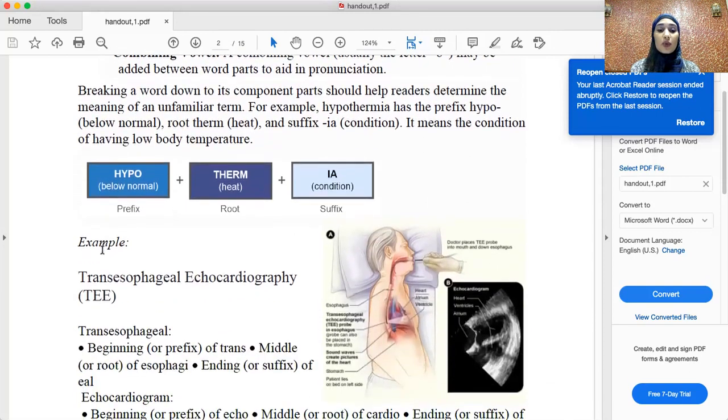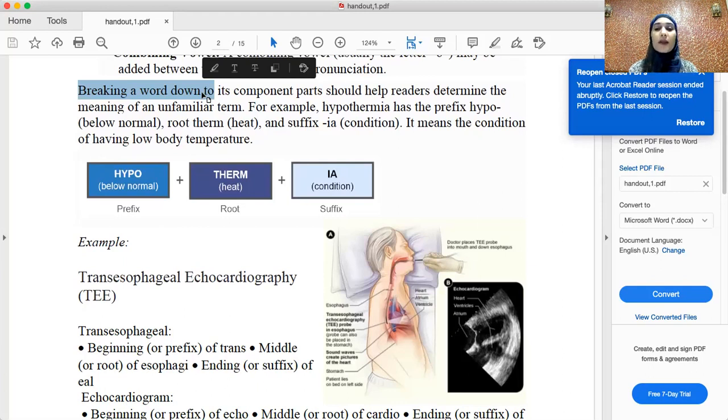When we break the word down, or divide the word into its component parts, this helps the reader to determine the meaning of the term. When you start to memorize the meaning of the prefix, the root, and the suffix, you will be able to understand many medical terminologies.